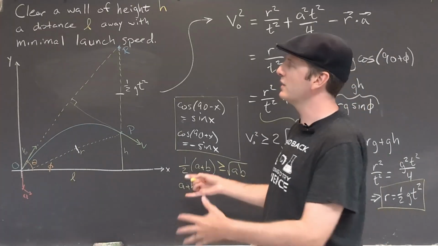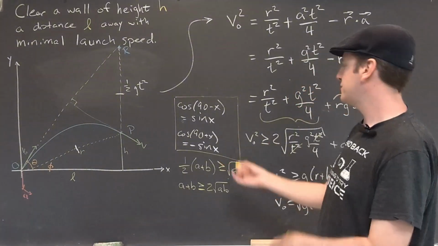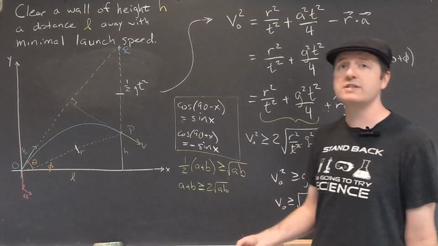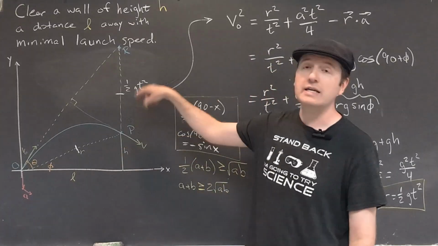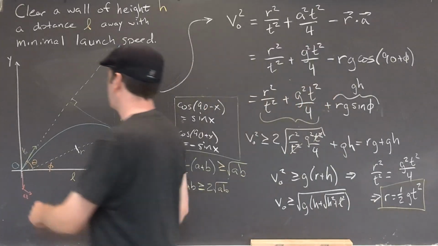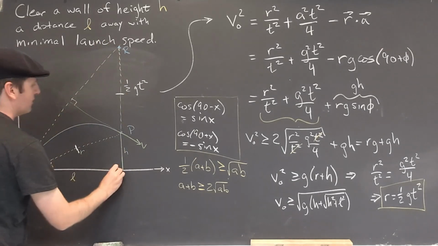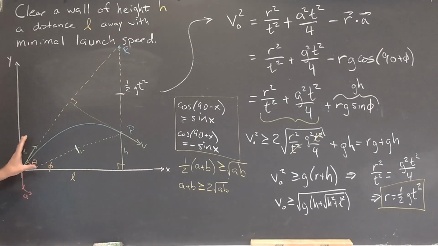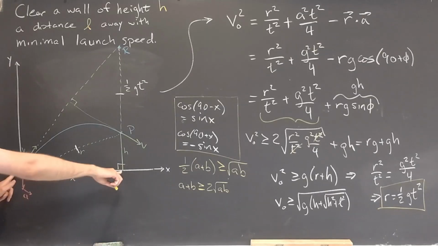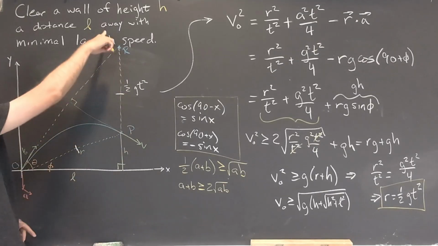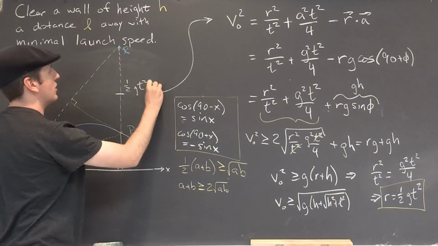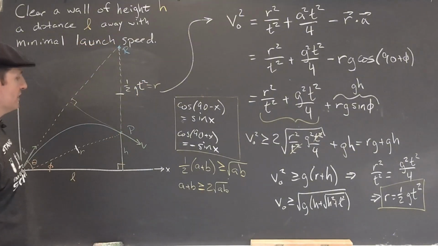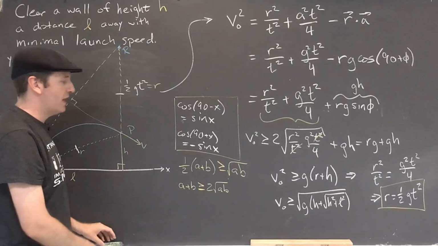And that will have some interesting other consequences. As one last thing to do right now, though, we just found the minimal speed. We might want to know what is the angle that you need to launch at this particular speed. And we can see it very easily from the geometry now. Notice we have a very large right triangle here with base angle theta. Near side is L, far side is now H plus R. So we don't have to do any additional trigonometry.